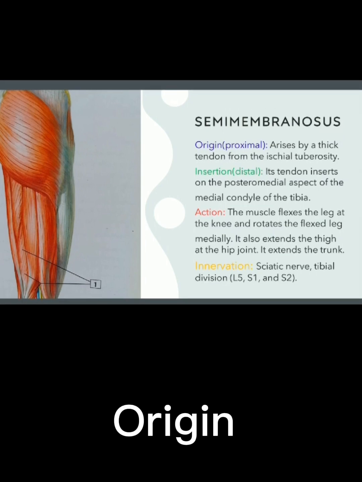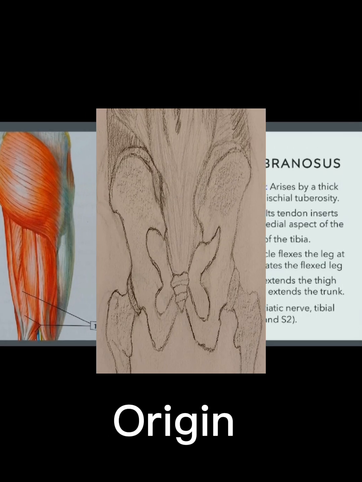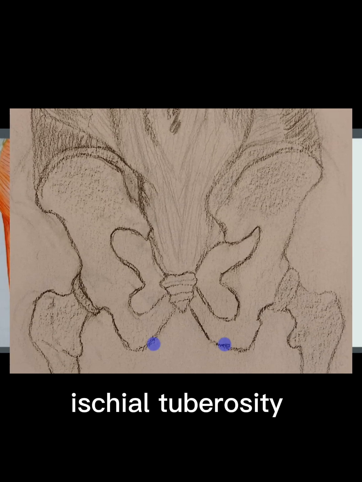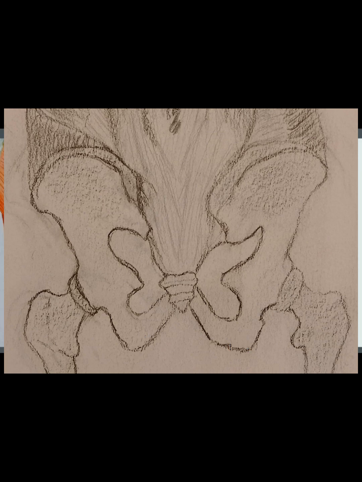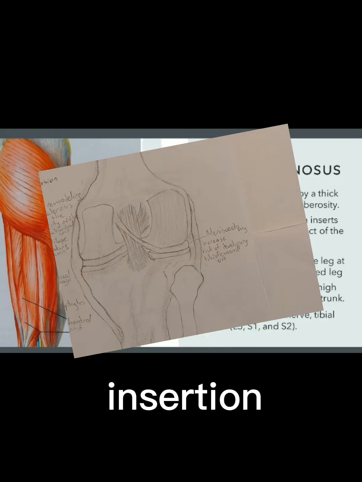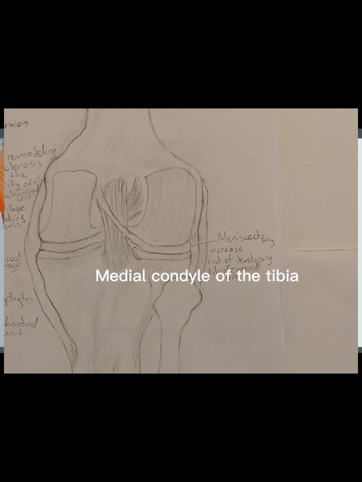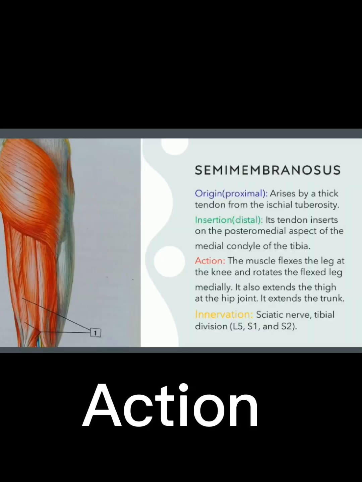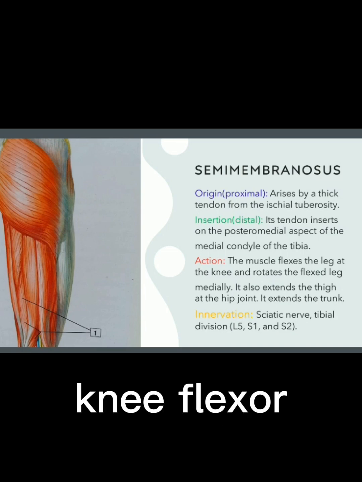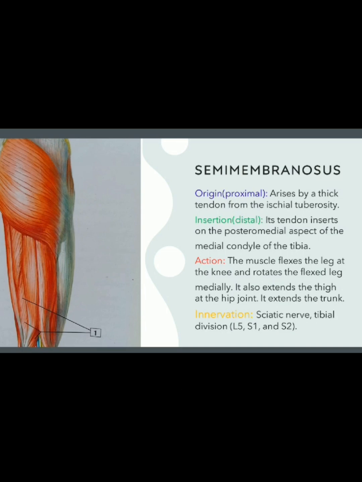Semimembranosus. Origin: arises by a thick tendon from the ischial tuberosity. Insertion: its tendon inserts on the posterior medial aspect of the medial condyle of the tibia. Action: the muscle flexes the leg at the knee and rotates the flexed leg medially.